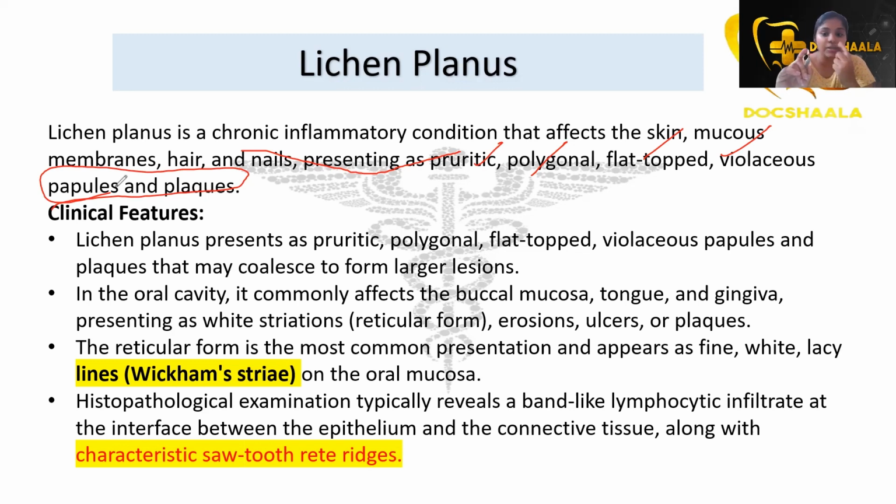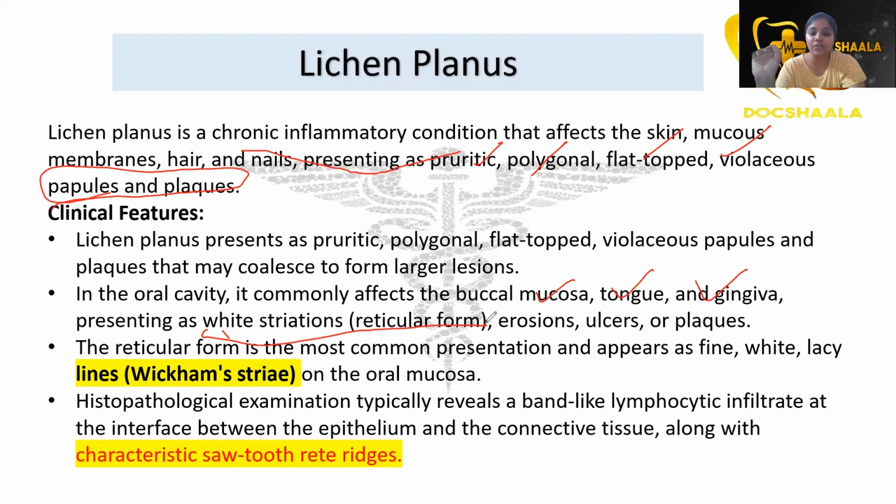Clinical features, as we have seen: papules or plaques that may coalesce to form larger lesions, and in the oral cavity it commonly affects the buccal mucosa, tongue, and gingiva, presenting as white striations. White striations are seen in lichen planus, along with erosions, ulcers or plaques.